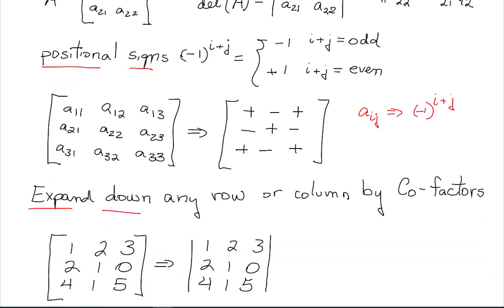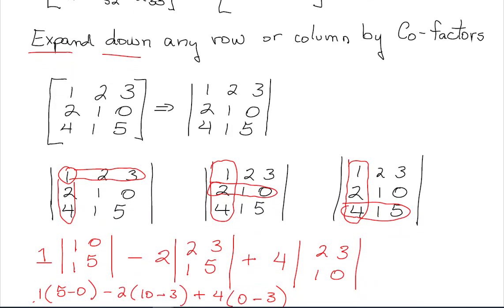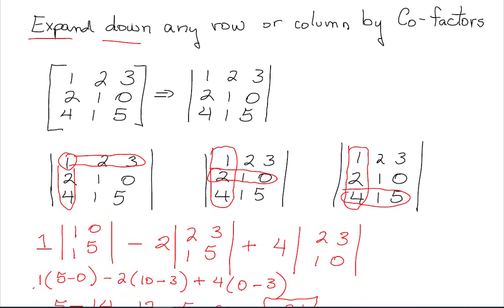Now with that, when we form the determinant, we can expand down any row or column by something called cofactors. So let's say I've got matrix A here, and I'd like to find the determinant. If I expand down the first column, I'm talking about the 1.